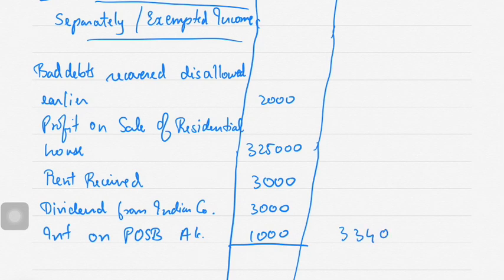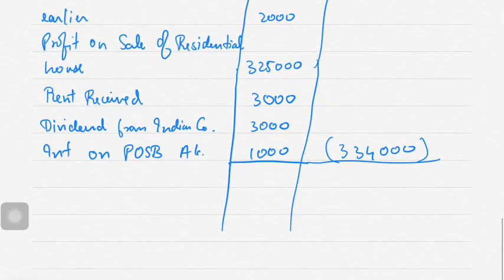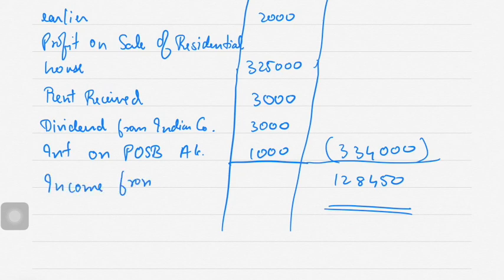And when you total this, it comes to 3,340. Subtract this. So this is income from business.